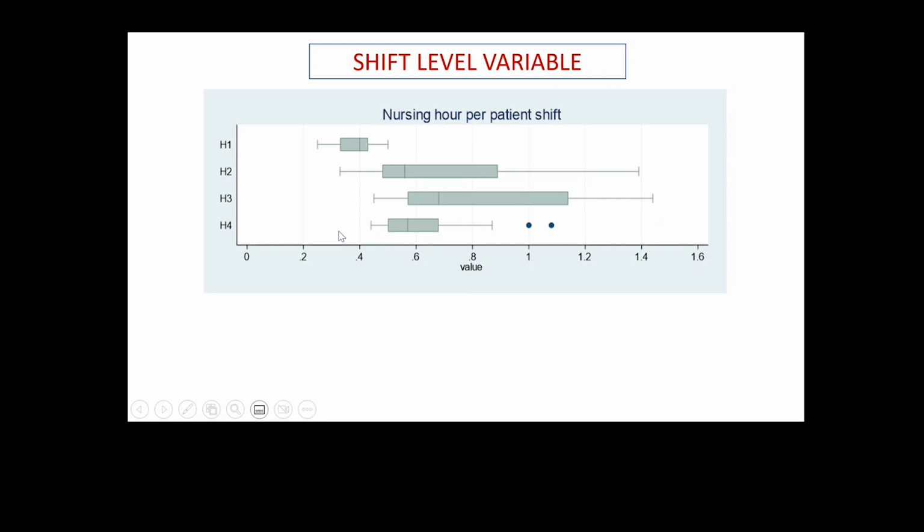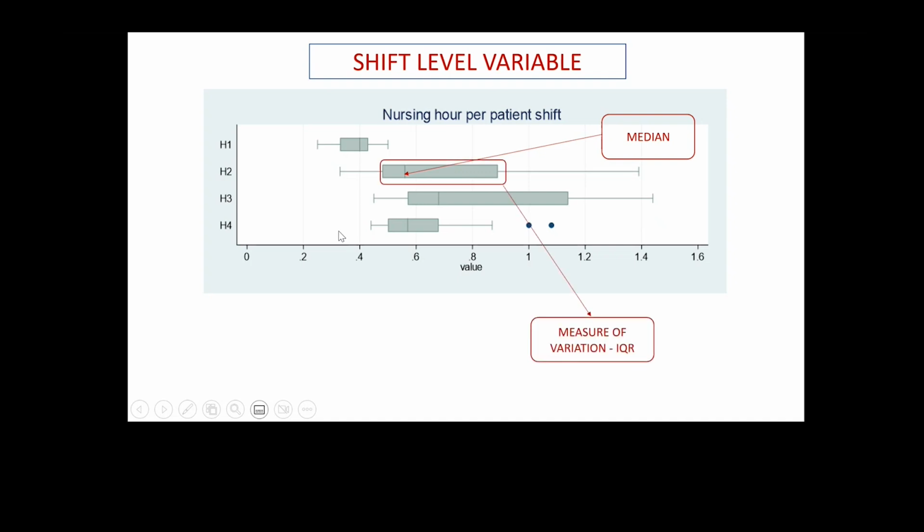On the y-axis are the 4 different hospitals, and on the x-axis is the value. If you're not conversant with box plots, what you need to focus on is the line in the middle, which gives you the median nursing hour per patient shift. And for those who want more, you can focus on the length of the box, which tells you the variation in this metric across the shifts we examined.